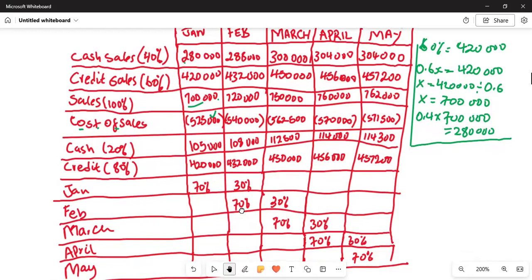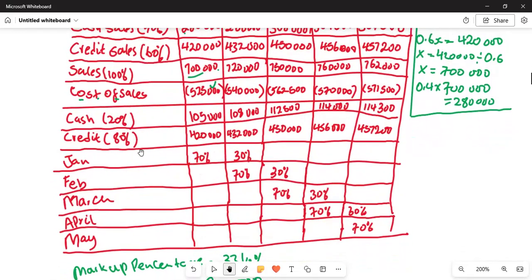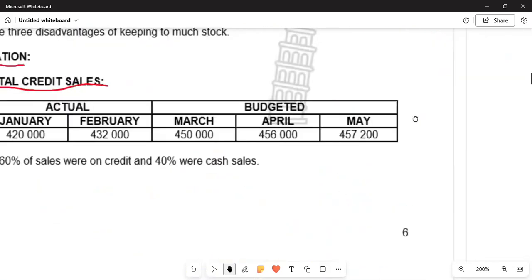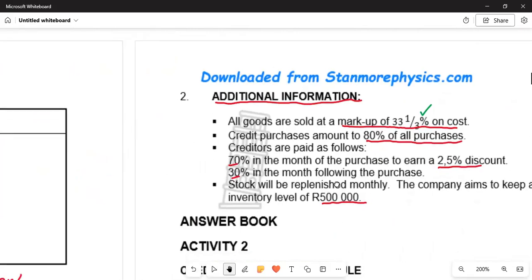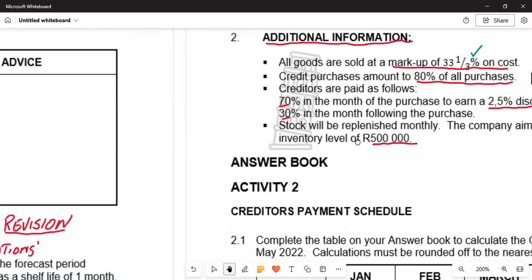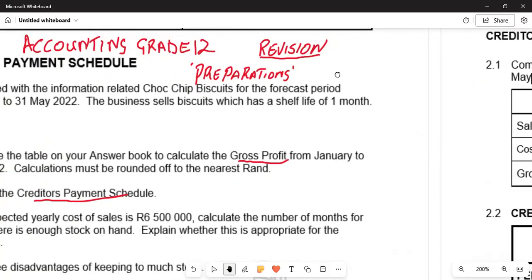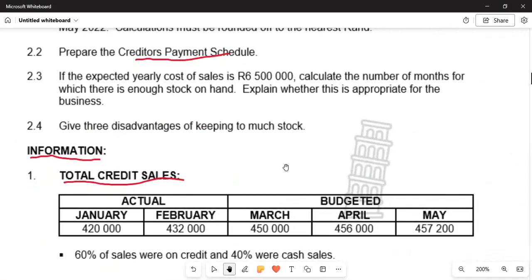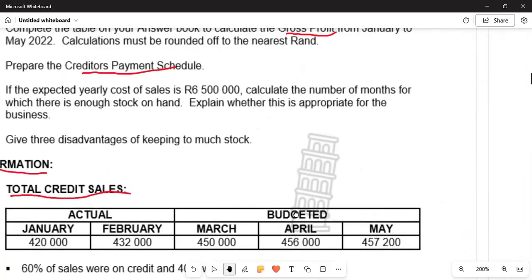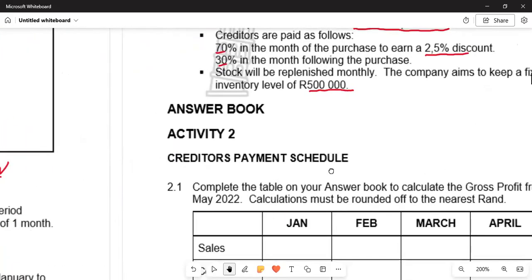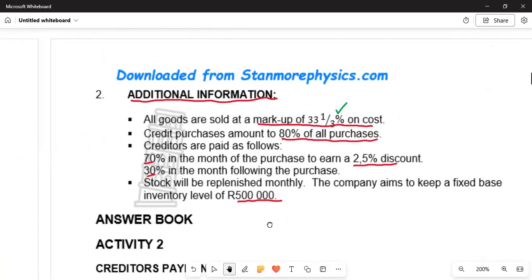Now we are coming to the cash, where right now we say cash 20%, credit 80%. So let's go to the information that talks about those percentages, which talked about this 80%. Here it is.